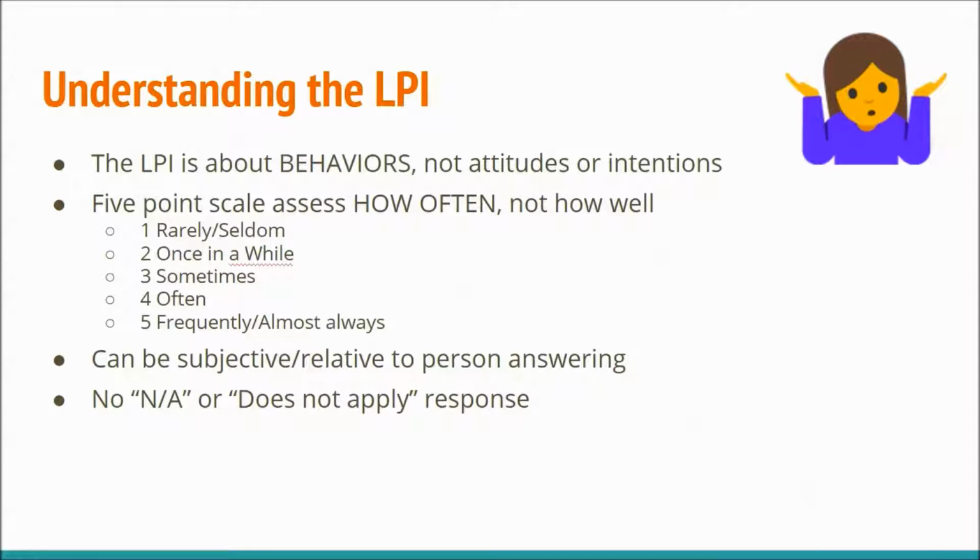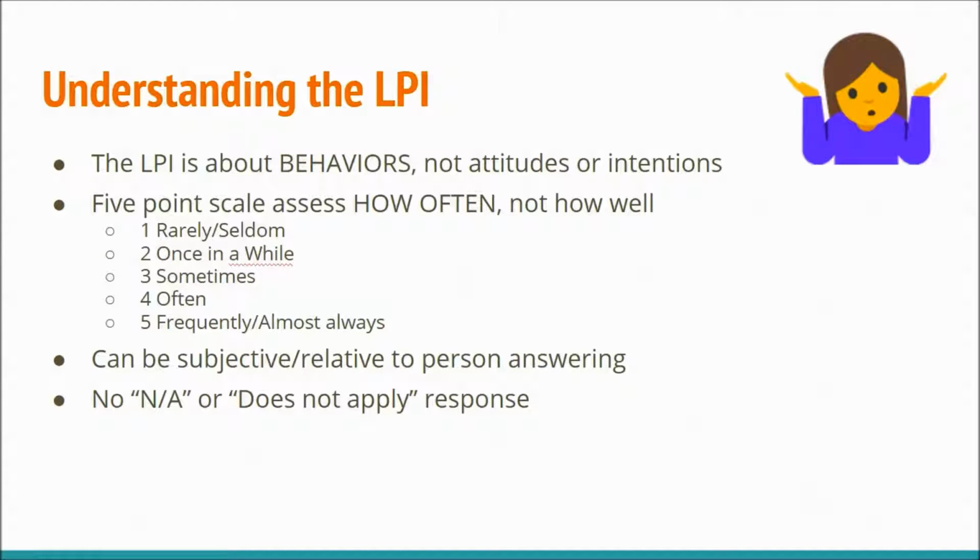Clearly you can see that it might be a little subjective. What's the difference, say, between once in a while and sometimes? Well, that depends on the person answering. So regardless of whether it's you or one of your observers, don't get too caught up in the 5-point scale.